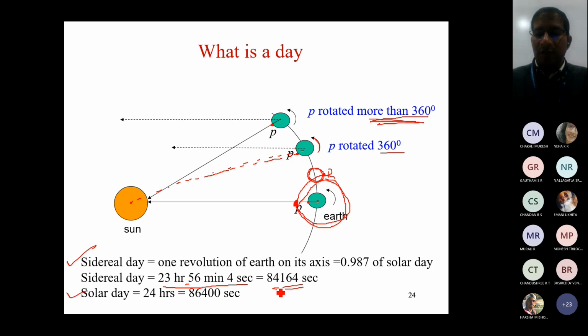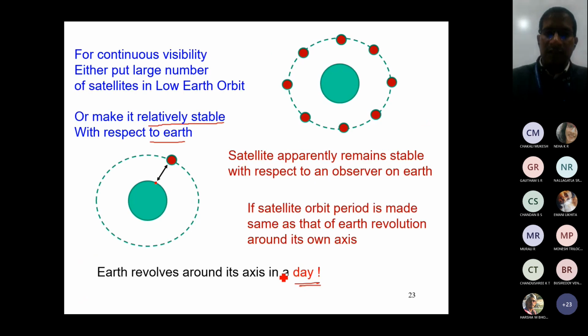This is the time that is called the sidereal day. So what is a sidereal day? A sidereal day is a day when the Earth completes a 360-degree rotation. So which satellite takes this much time to complete one rotation? These are the satellites which we discussed this year, the satellites which are relatively stable with respect to Earth.